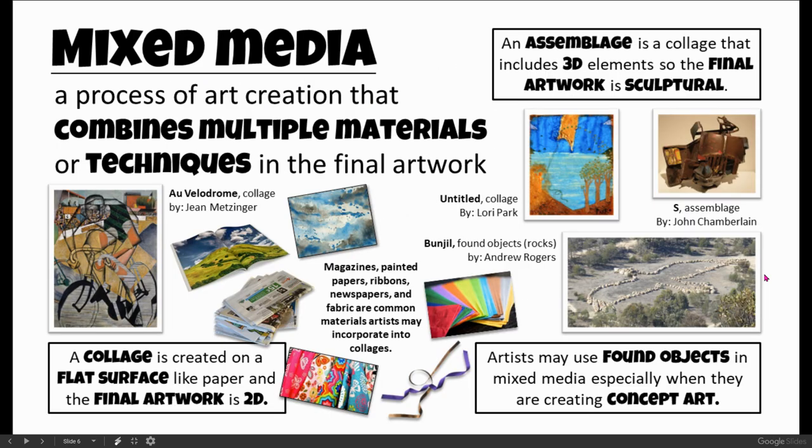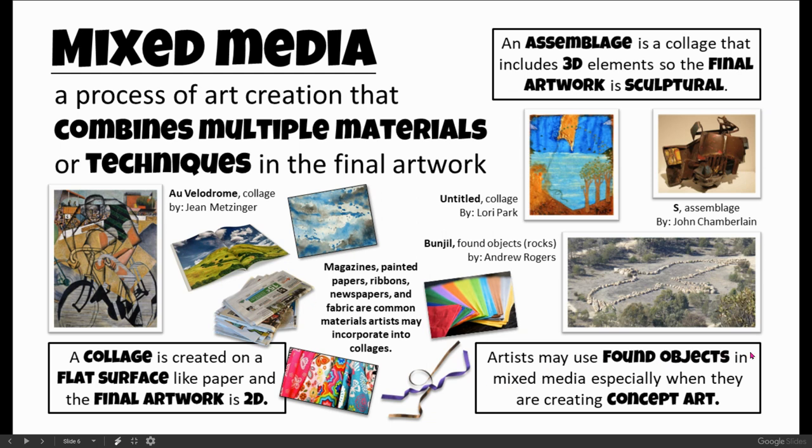Mixed media is a process of art creation that combines multiple materials or techniques in the final artwork. Some examples can be a collage, which we see over here on the left side. A collage is created on a flat surface like paper, and the final artwork is 2D. You can use items like newspaper, magazines, or found paper, ribbons.